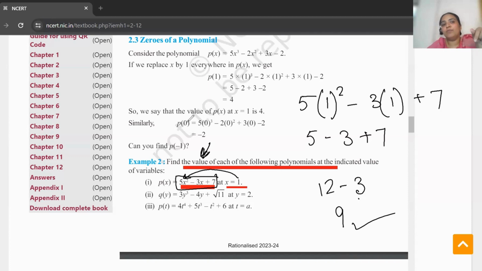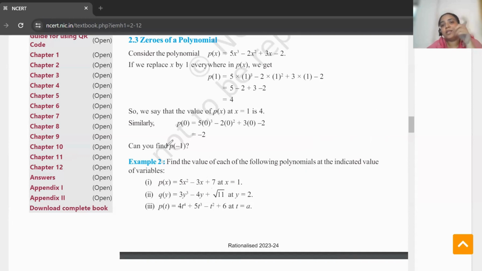The value of the variable is known as the zero of the polynomial. Why is it called the zero of the polynomial? Because the value of the variable can be found when the complete polynomial is put equals to 0.